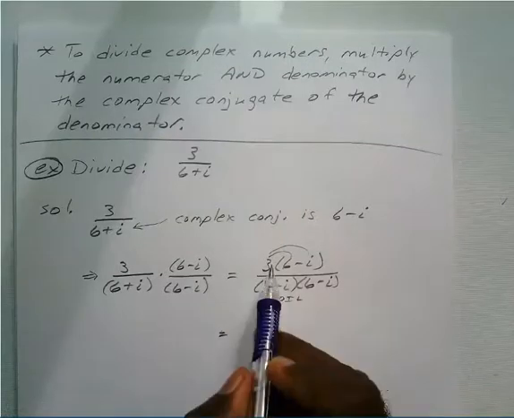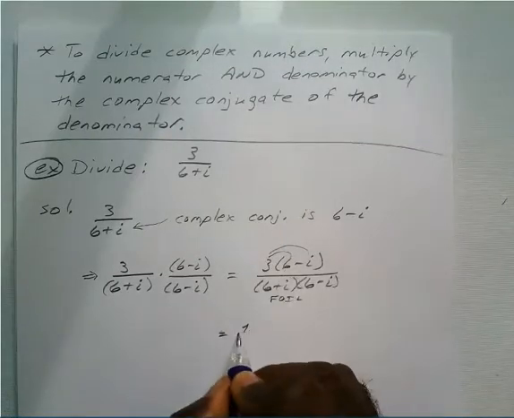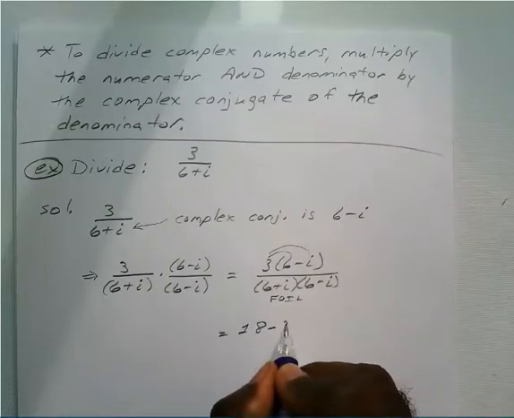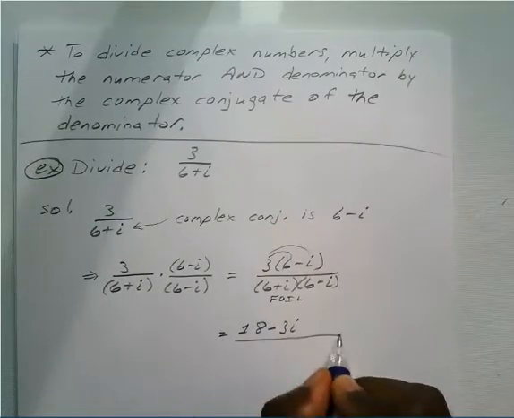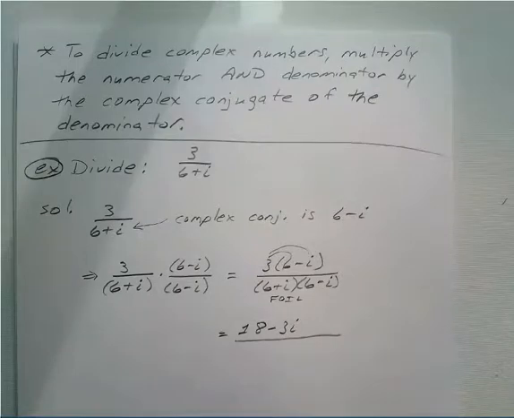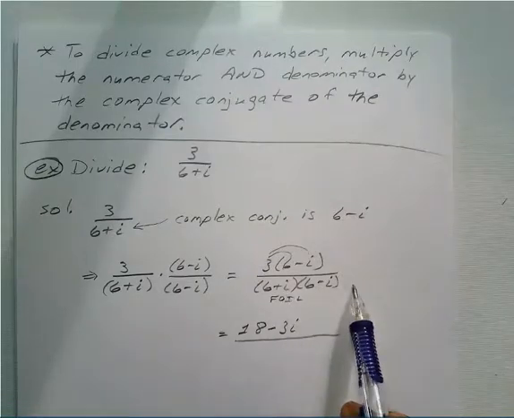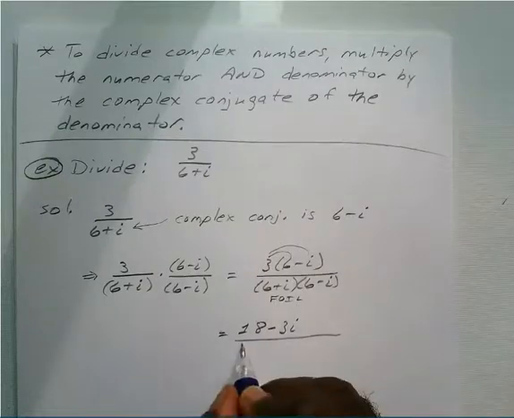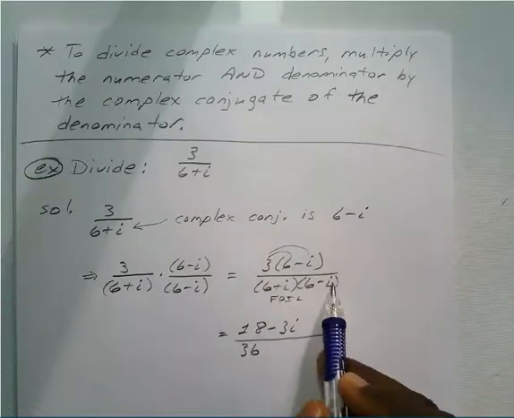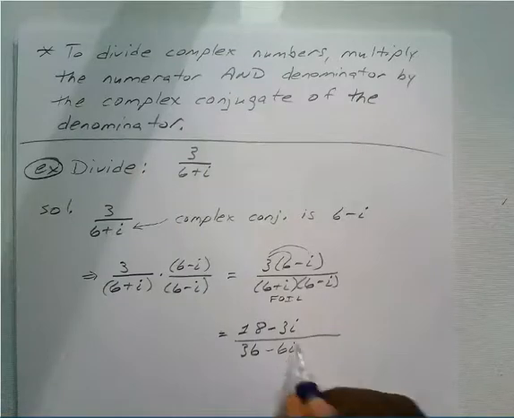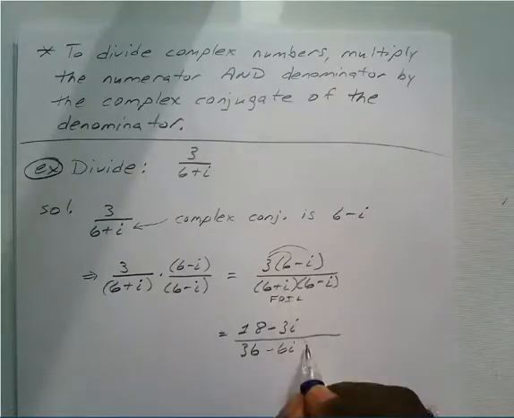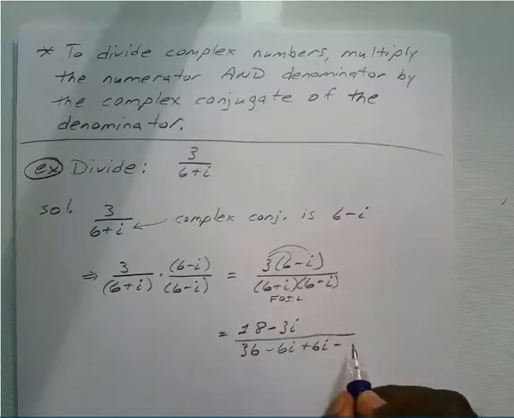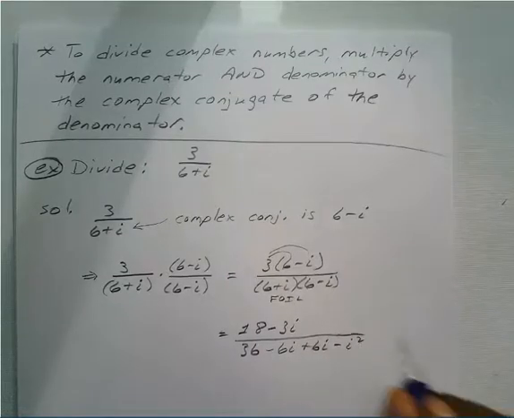Alright, so if we distribute, 3 times 6 is 18. 3 times negative i is negative 3i. All over, we're going to use the FOIL method, or you can use the a squared plus b squared formula. I'll use the FOIL method. So you have your first, which is 36. Your outer, negative 6i. Your inner is positive 6i. And your last is negative i squared.